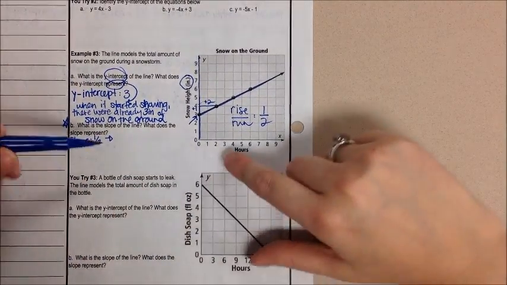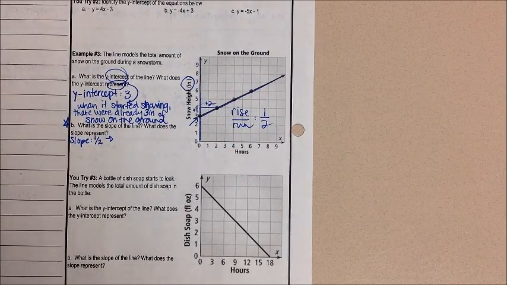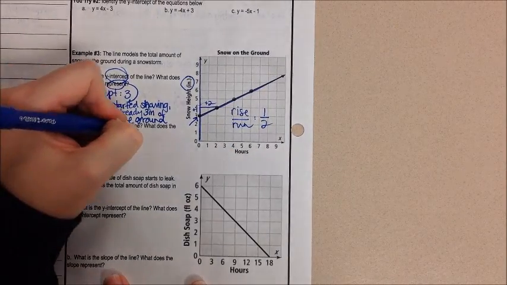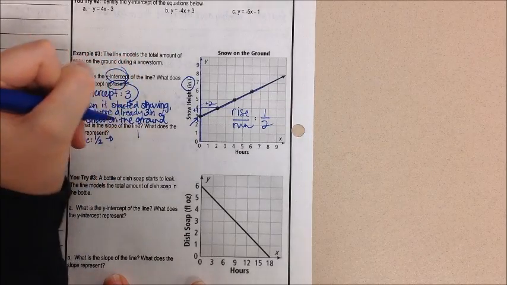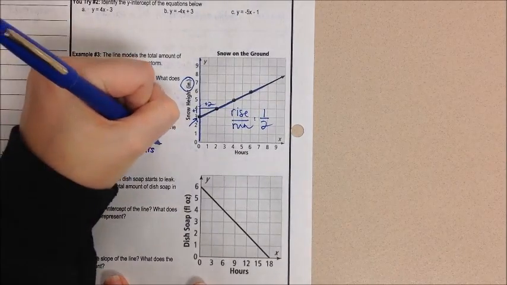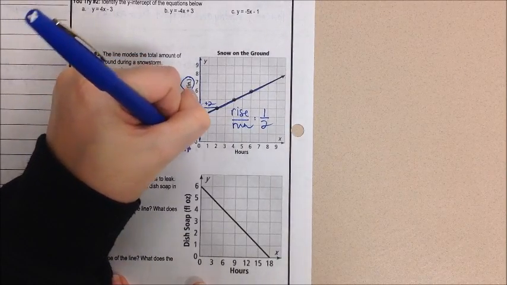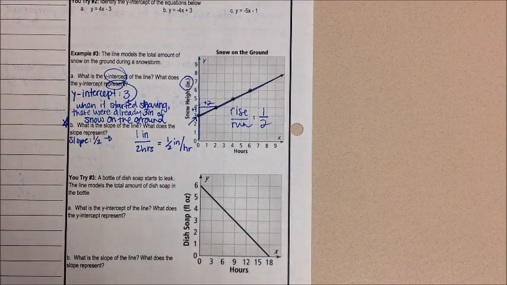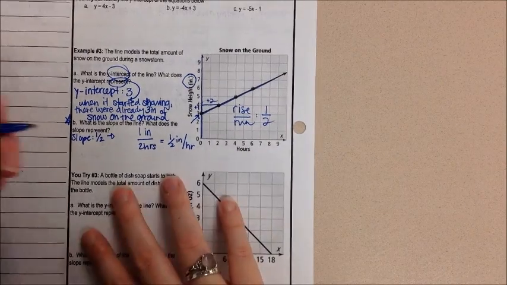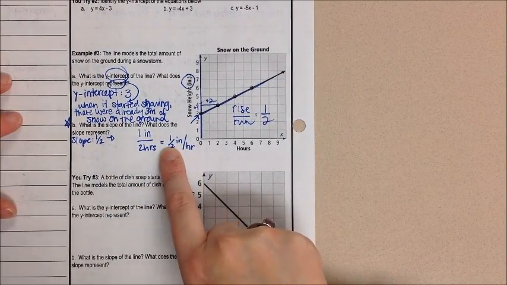Now, remember, technically it's 1/2. It is for 2 hours. It's 1 inch every 2 hours, but that means every hour, if I divide that, I get 1/2 inch per hour. So that means that every hour, 1/2 inch of snow fell.